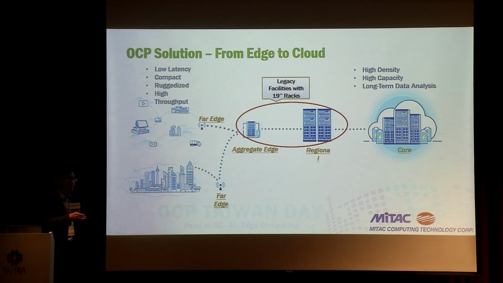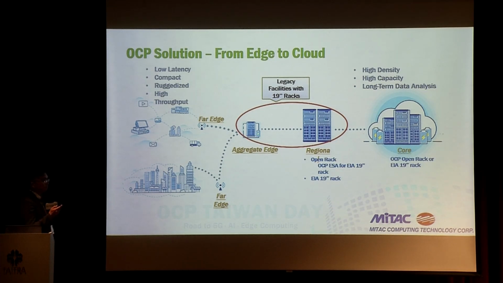How can we have the OCP solution adopted into the 19-inch racks? From last year, with the contribution MiTAC provided, we can have the OCP ESA adopted into the traditional 19-inch rack, which helps the OCP solution be used within the 19-inch environment.